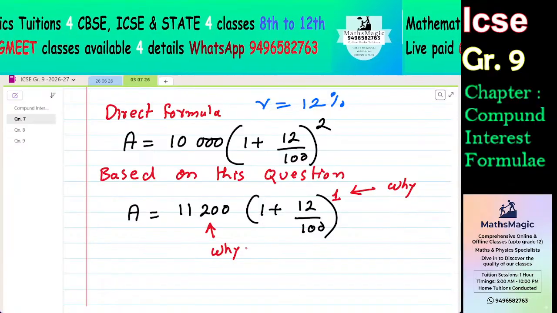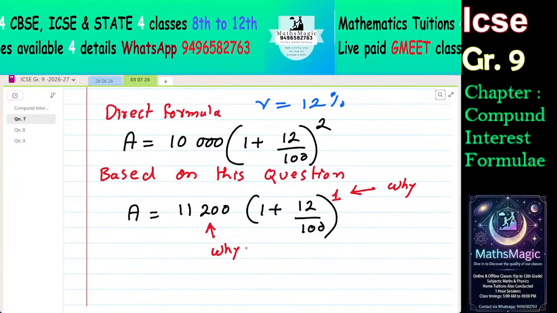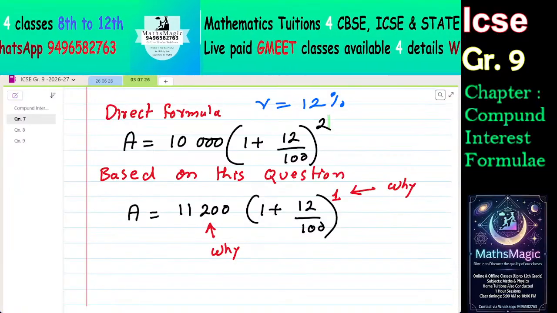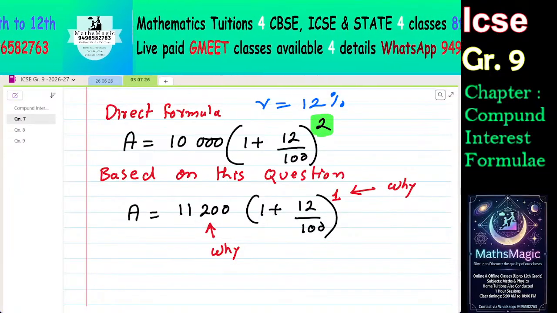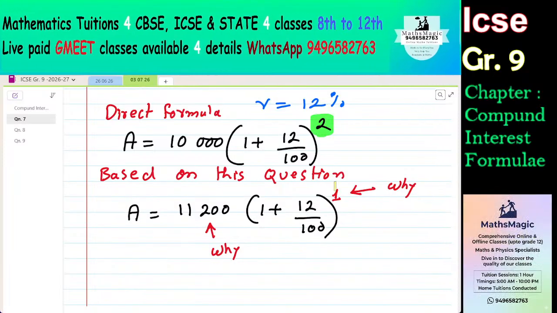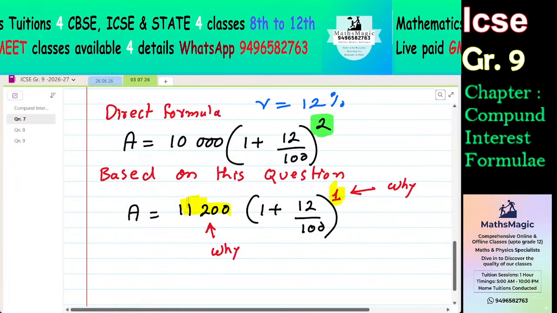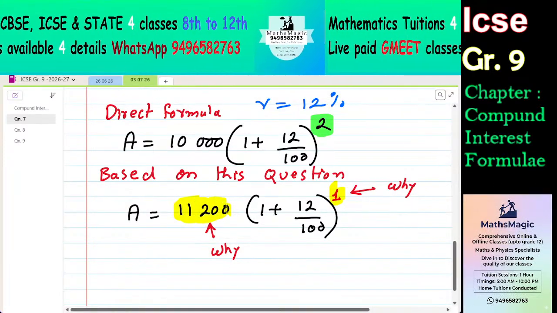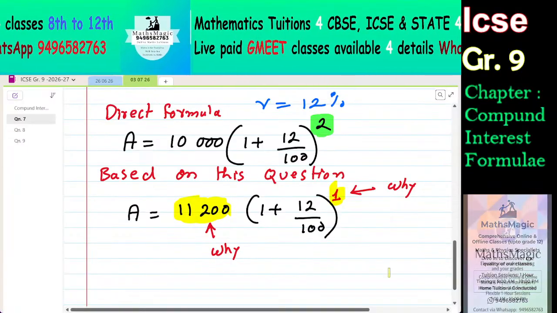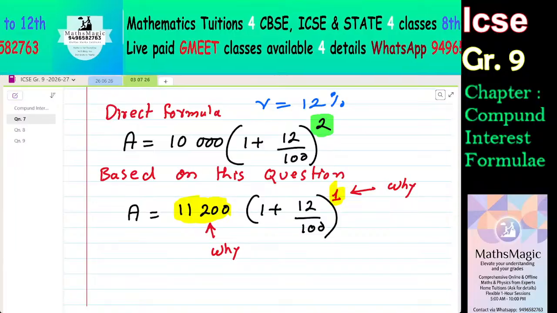Either you can use principal as 10,000 for 2 years, or you can use it for 1 year with this amount at the end of first year. Either way, you will get the same amount.